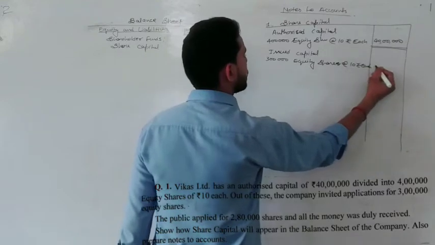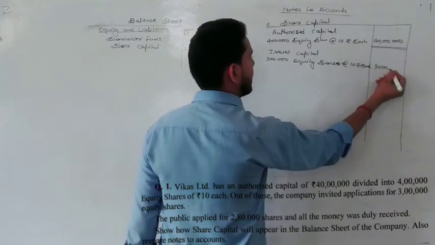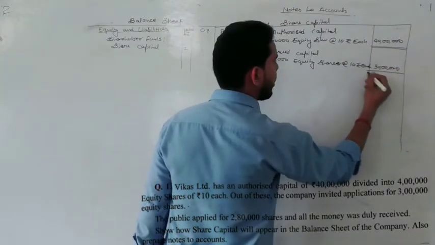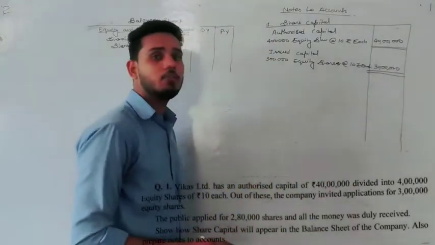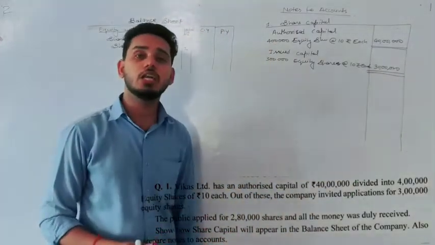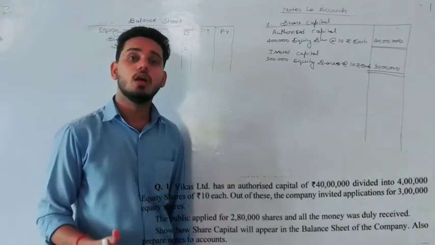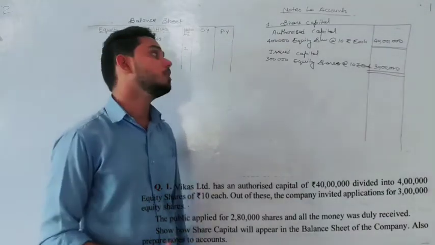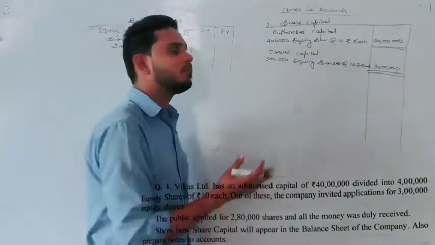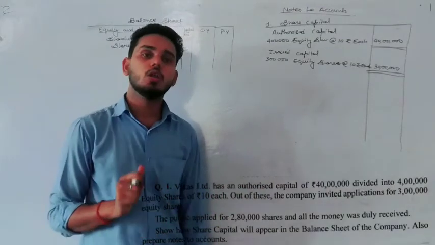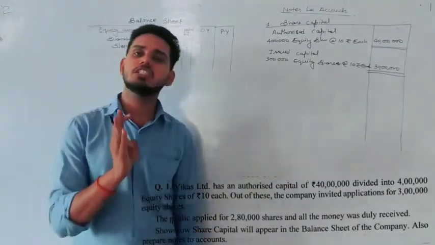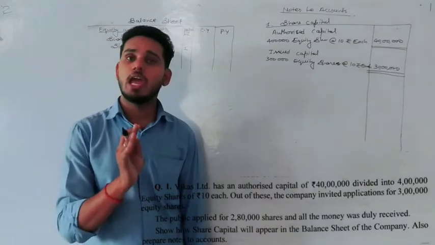Okay, right. So it will be 30 lakh. Now this is also not the actual capital of the company. This is the capital which the company wants to issue, which is not actually issued. So we will put a double line after issued capital also. Now what is left? We are left with subscribed, called up and paid up.